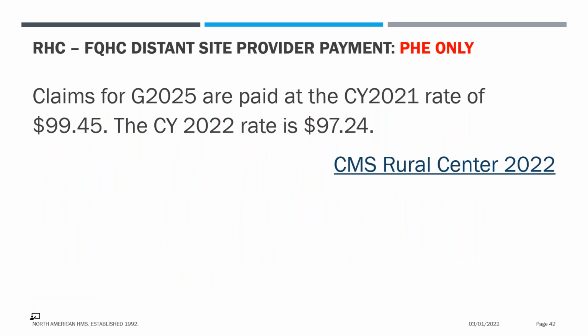The RHC, FQHC distant site provider payment during the PHE only is right now $97.24. It went down from $99.45 in 2021.